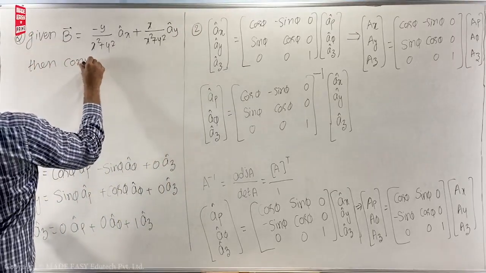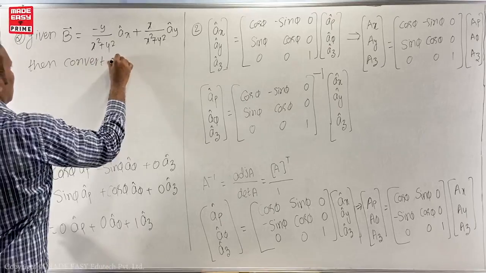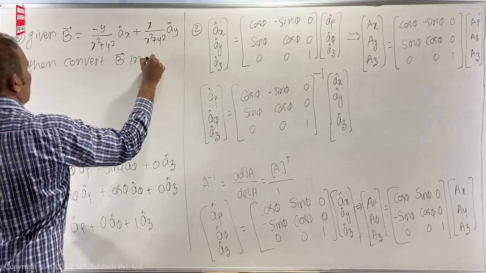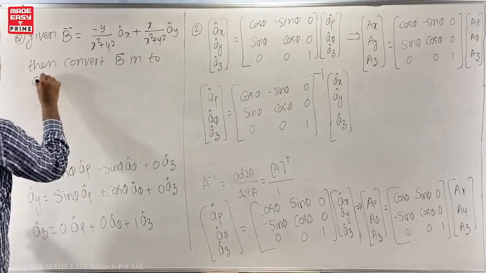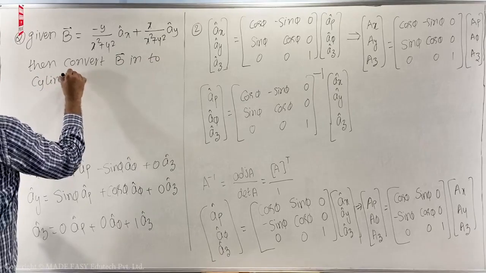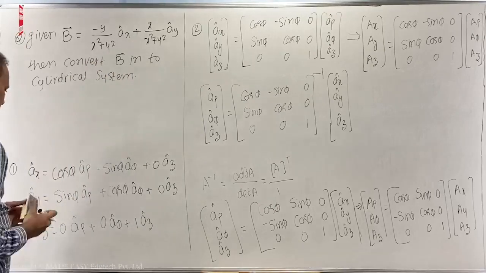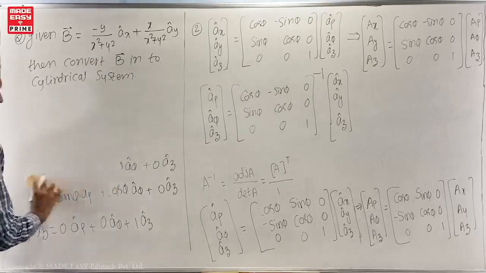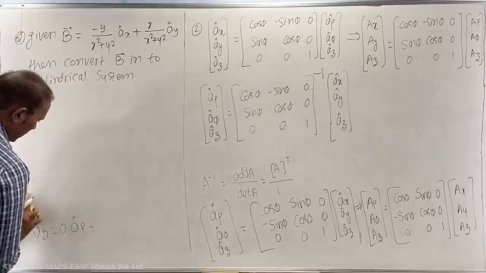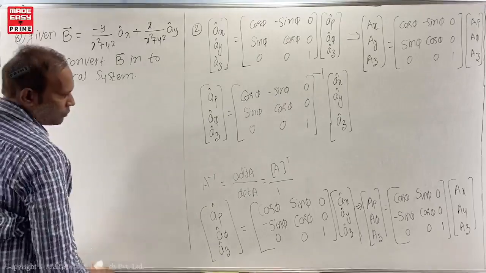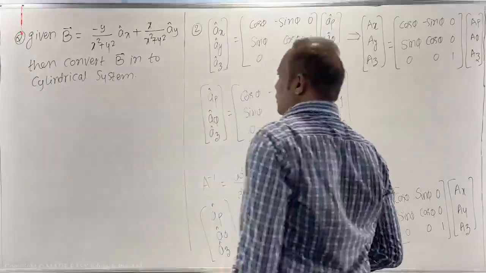Then convert b bar into the cylindrical system. Then how to do this? Actually, you have to use this one.